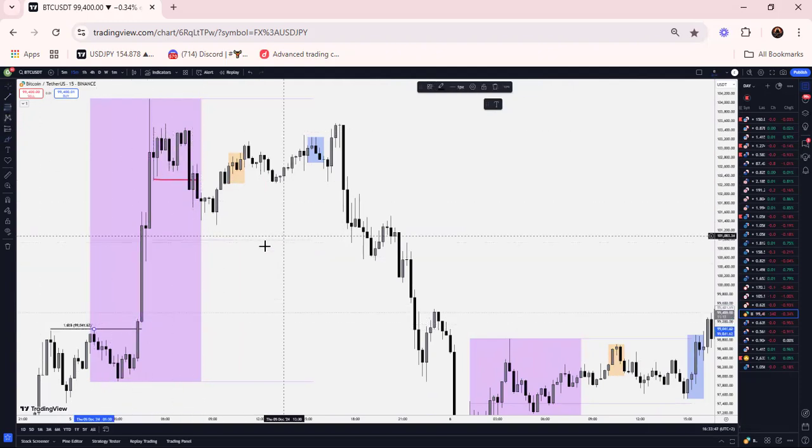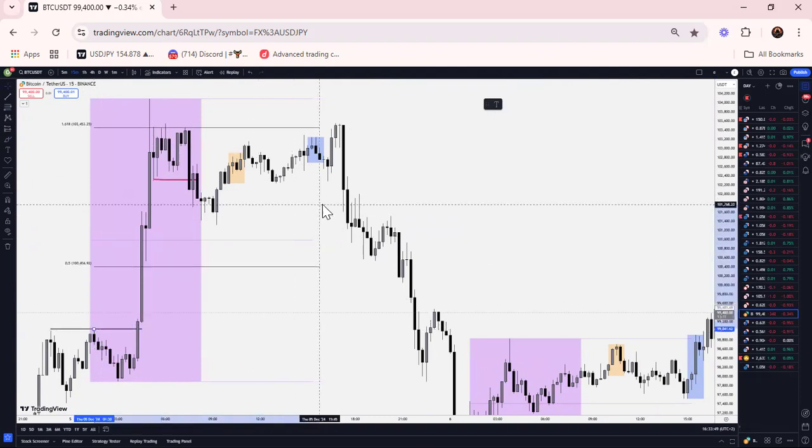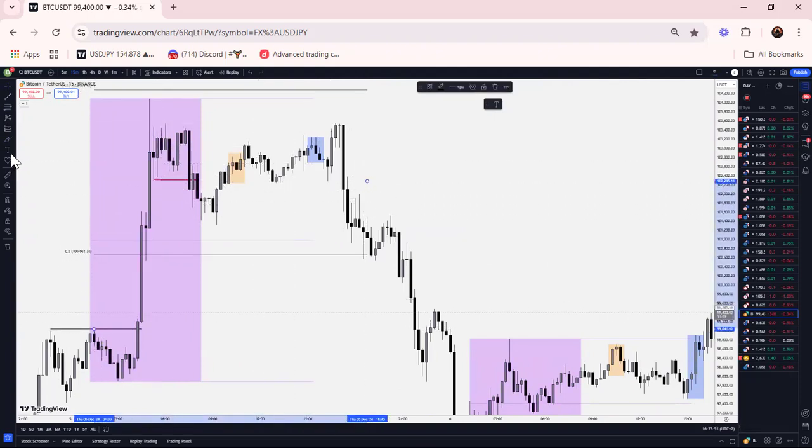So if you use imbalance from here till here, your 50% will be here, like that. As you can see, from here you can look for buy because you have liquidity here. You have liquidity like that.